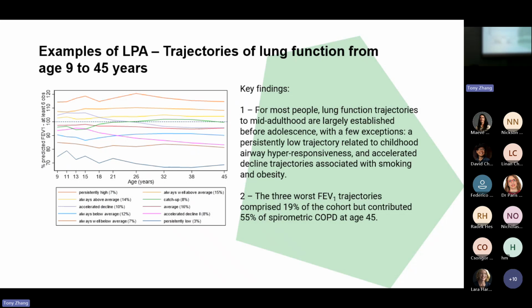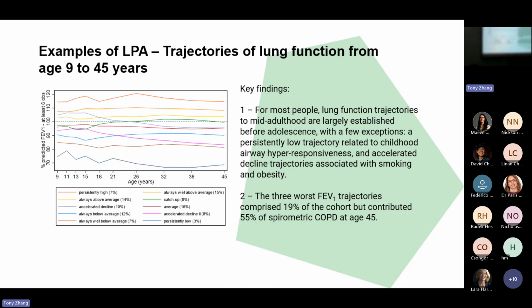But there are some exceptions. One exception is the bottom trajectory, the persistent low trajectory, 3% of the population. That one started very low and then diverged across ages, right? That trajectory is associated with severe childhood asthma and hyperresponsiveness.